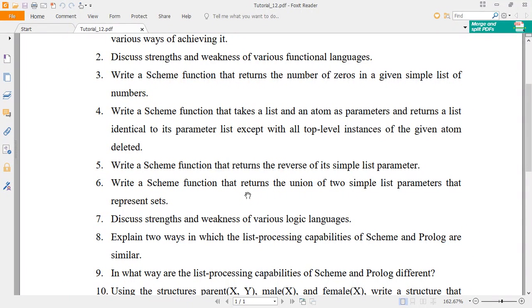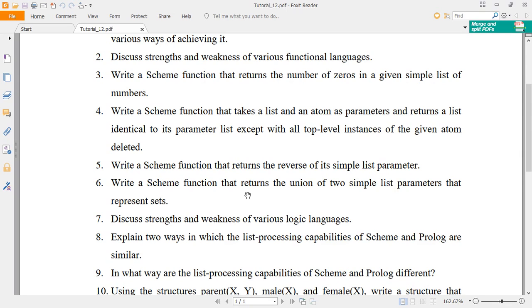The next question is, write a Scheme function that takes a list and an atom. That means you are supposed to take an input of a list and an atom as parameters and return a list identical to its parameter list except with all top level instances of the given atom deleted.